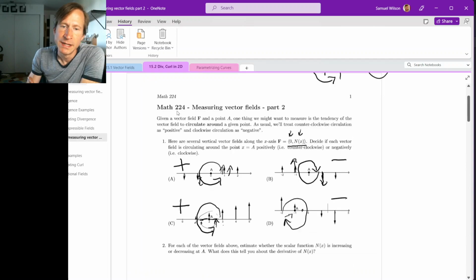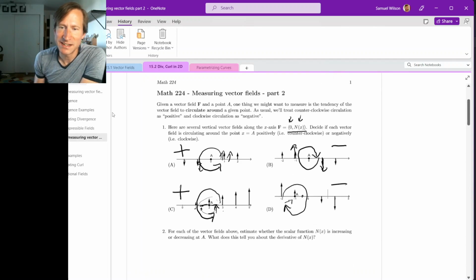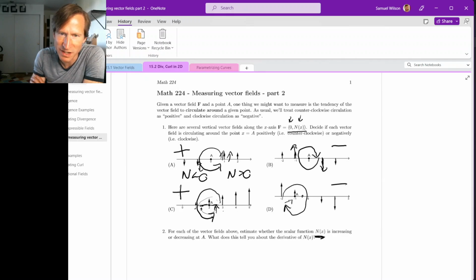Okay, now for each of these, estimate whether our coordinate function n is increasing or decreasing as we move in the x direction. For this first example, to the left of A, n is clearly negative because these vectors are pointing down. To the right of A, n is positive because these vectors are pointing up.